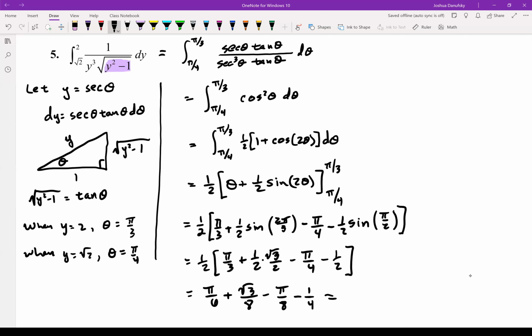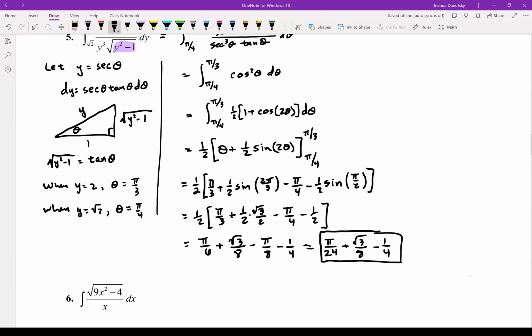Pi over 6 minus pi over 8 will give us pi over 24. We have our plus root 3 over 8 minus 1/4. We could combine the 3 fractions, but we'll leave it at that for now.